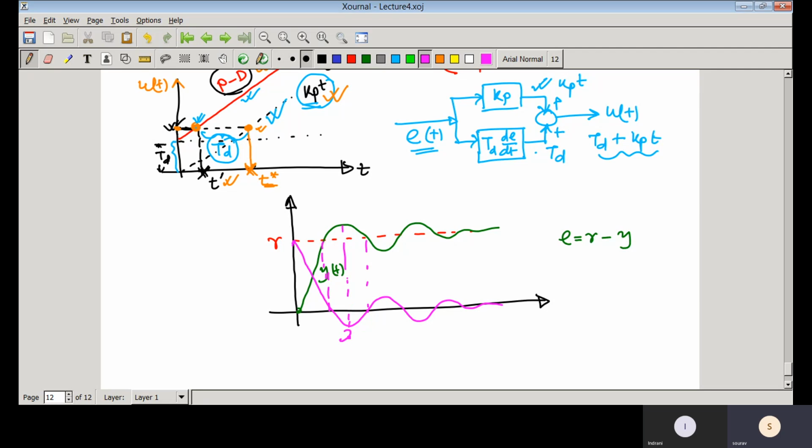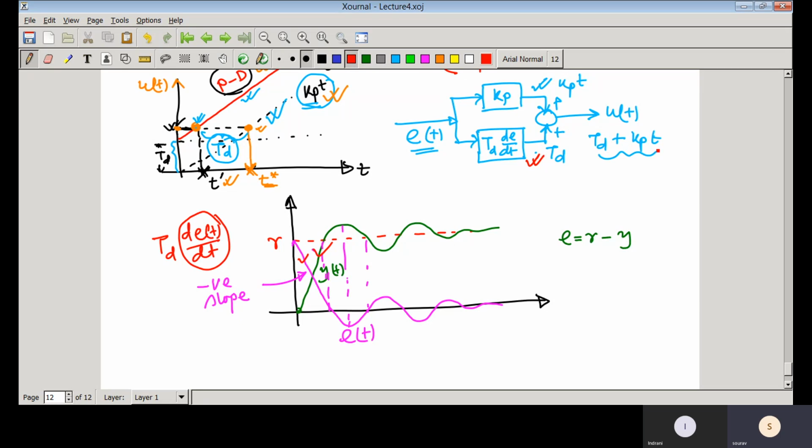So this is your error signal e(t). Now from here you can see that this slope is a negative slope. Whenever the output is increasing, you see that the error slope is decreasing. And as the derivative control action is like de/dt, since this slope is negative, this particular part will generate some negative input. That means the effect would be reduced.